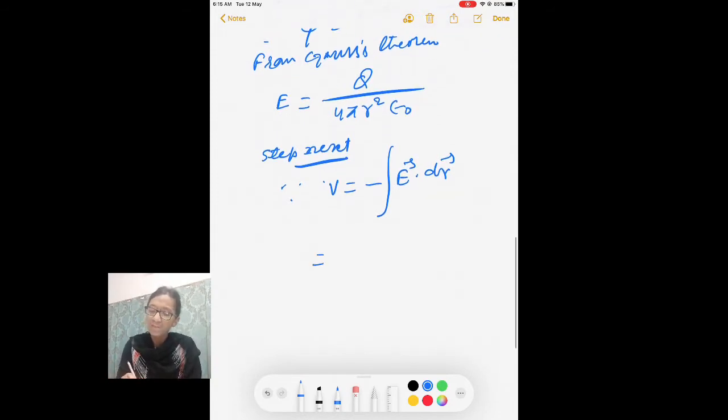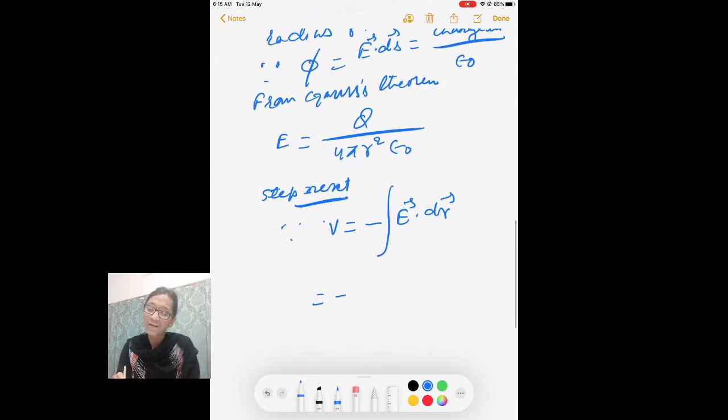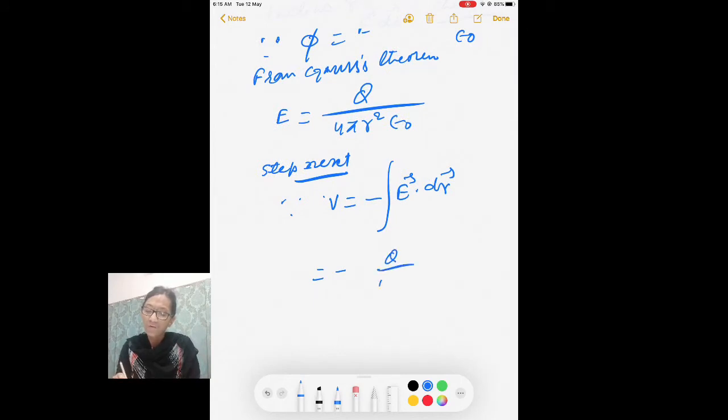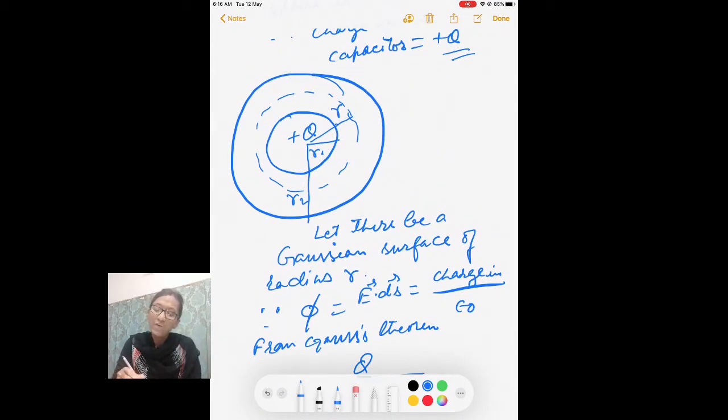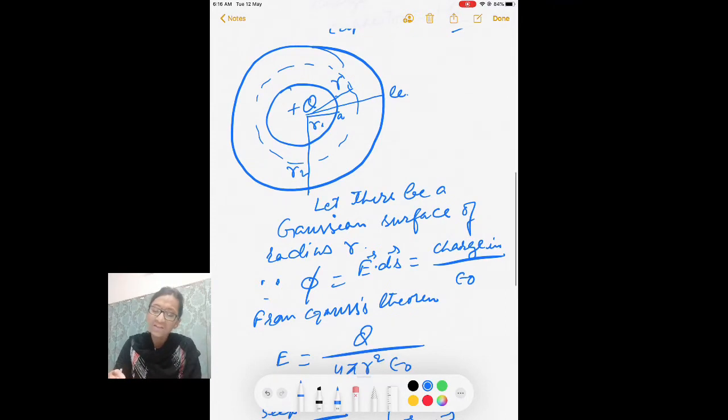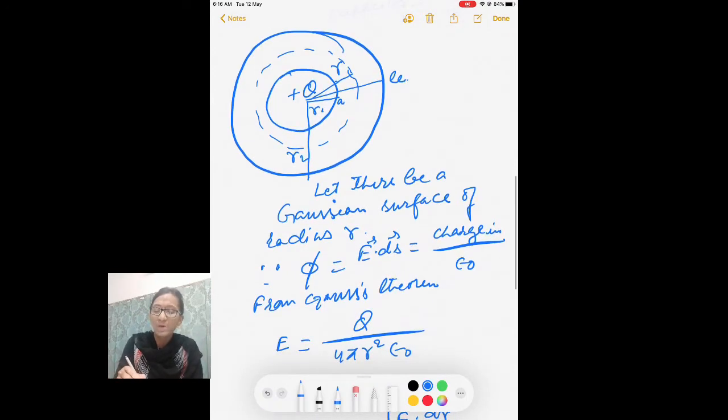So this is equal to minus the integral of Q upon 4 pi r square epsilon naught, dr. This is the positive work from point A to point B, because this is the force applied by the electrostatic charge only, and like charges will repel.